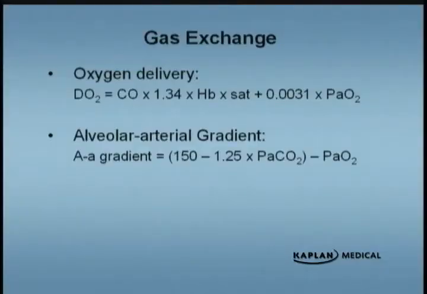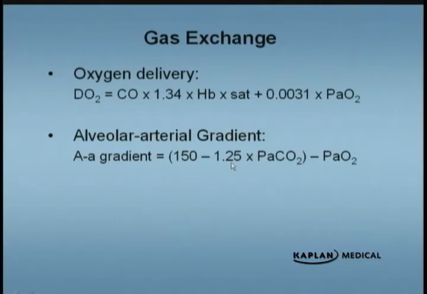And a way to do that, through a formula, is this equation right here. This part right here, see where the arrow is? The 150 minus 1.25 times the PaCO2 gives us the partial pressure of alveolar oxygen, just this formula within the parentheses.